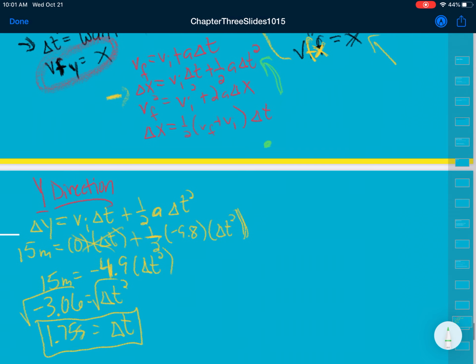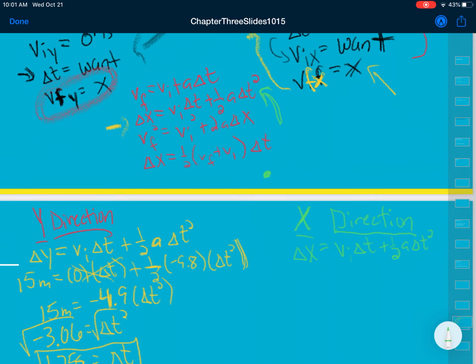So come down here to the x direction. We're going to use that same formula, delta x equals VI delta t plus 1/2 a delta t squared.